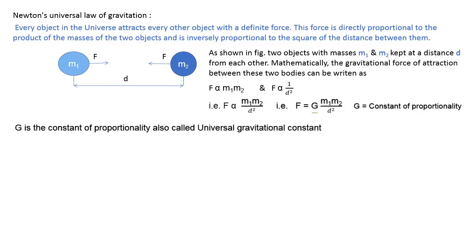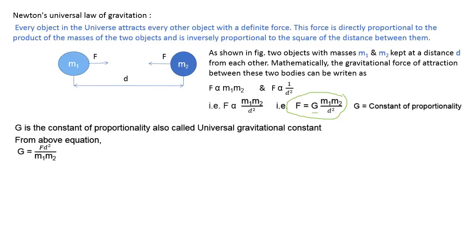Now for the gravitational constant you are going to do a derivation. From the above equation, you are going to derive the further part, so that G = F d square upon m1 m2. See here what we have: F = G m1 m2 upon d square.